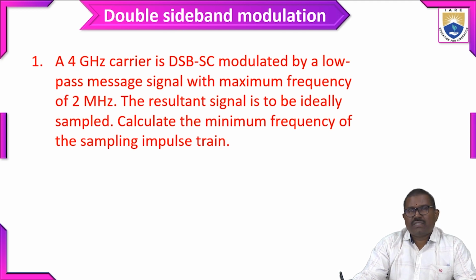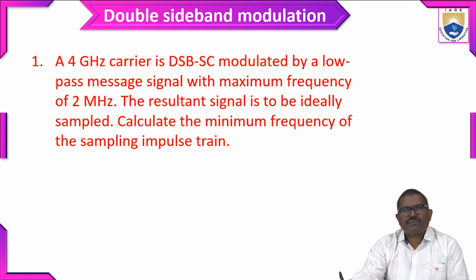Okay, what is the mathematical expression for DSB-SC? You just multiply the carrier signal with the message signal, then you get the DSB-SC signal. In this problem, the given carrier is 4 GHz and fm is 2 MHz.